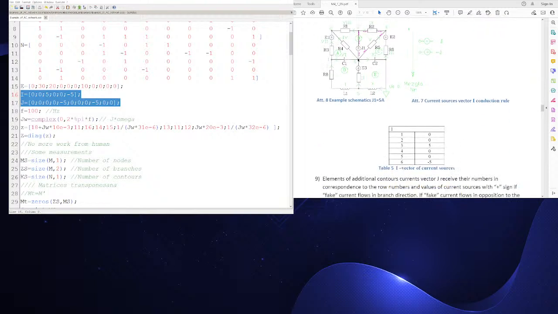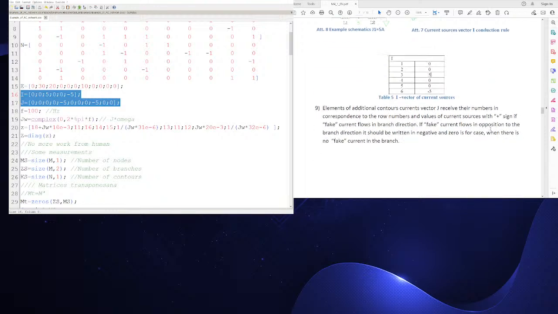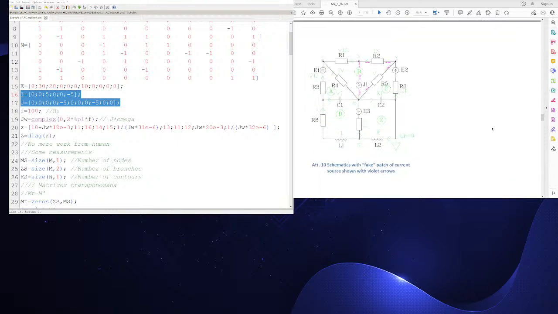In my case, one current source, 5 amps, from node 6 to node 3, flows from node 6 and inflows into node 3. It's very simple. But if we do need a contour solution, we need to take a more complicated approach. We need to specify a so-called additional, or fake, contour for each current source.